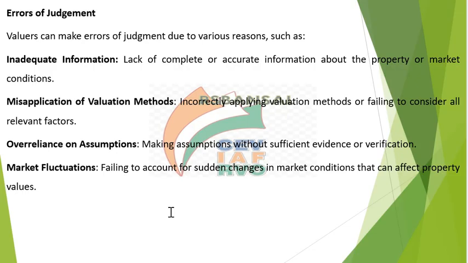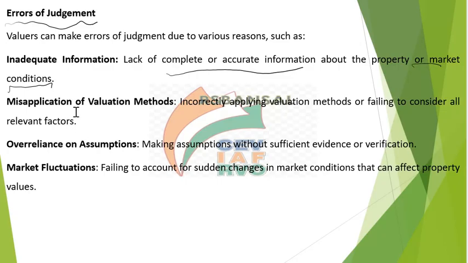Then error of judgment. Whenever you are doing valuation, what things will be considered errors of judgment for a valuer? A valuer can make errors of judgment due to various reasons, such as inadequate information. Lack of complete or accurate information about the property or market conditions may lead to some error in the valuation report.